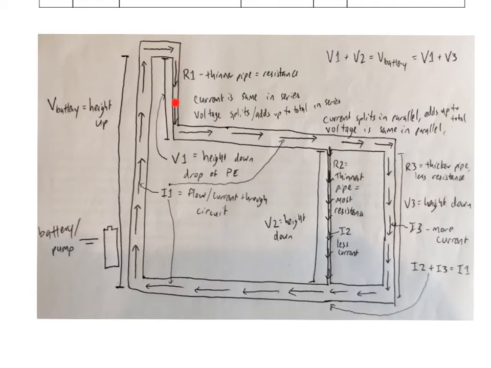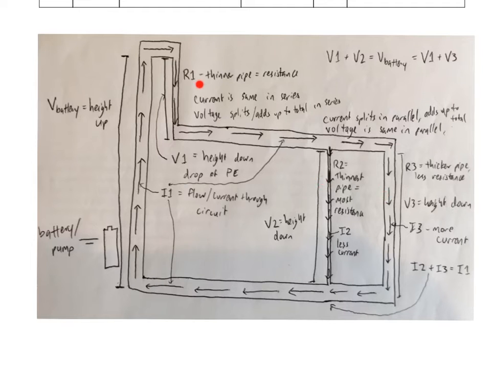We're going to have one resistor called R1, and that's going to be at the top up here. And it's in series with two other resistors, R2 and R3, that are running parallel to each other. So this is a series with a parallel. It's got a series and a parallel in it.